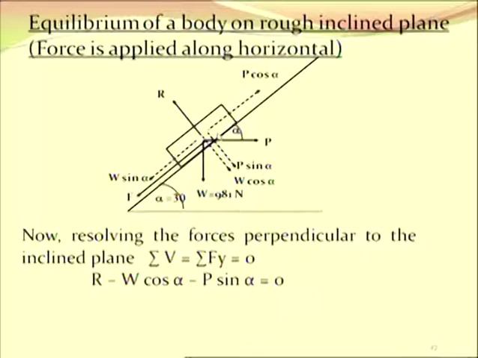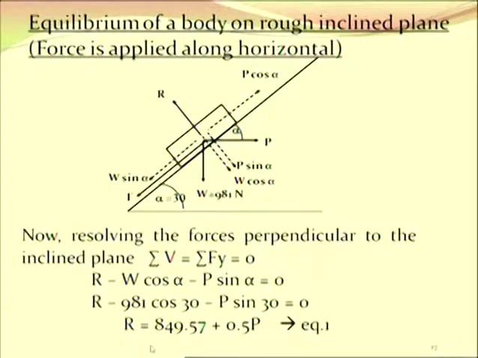Again, R is acting upwards, P sin alpha and W cos alpha act downwards, so those two are minus and R is positive. So R minus W cos alpha minus P sin alpha equals 0. Putting the values of W and alpha, R minus 981 cos 30 minus P sin 30 equals 0.